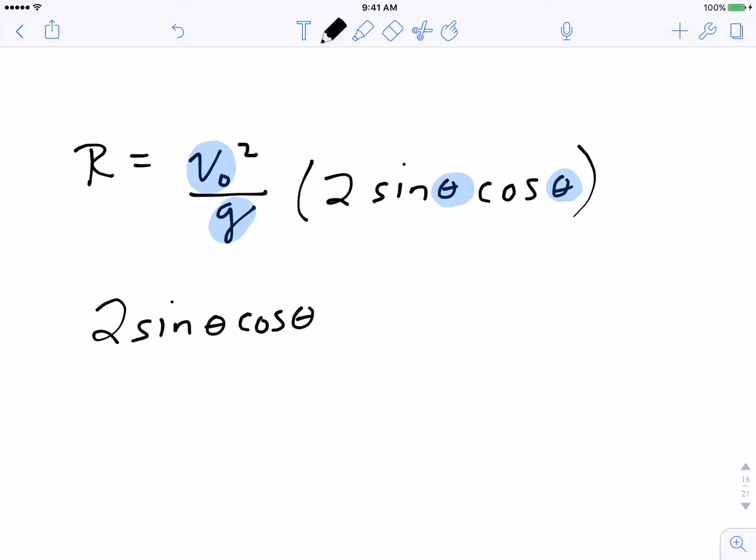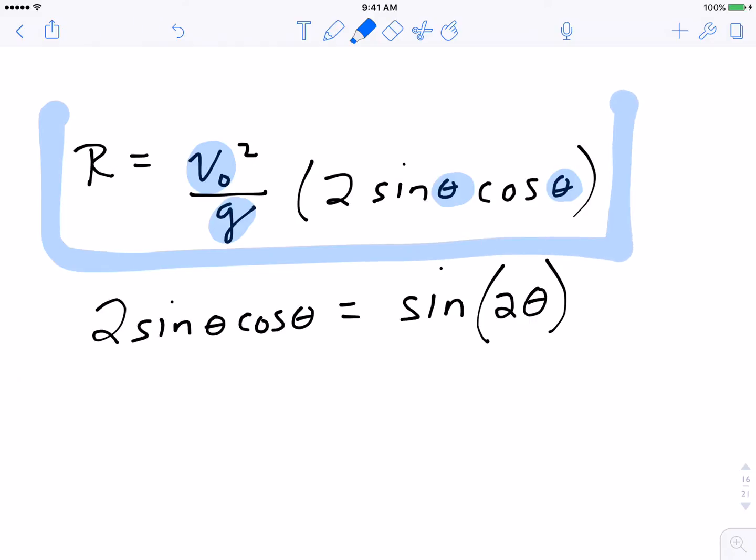You're not expected to know this for this class, but I'm going to use it because it's going to make a nice looking formula for us. So it turns out that this is also equal to the sine of 2 times the angle. They're equivalent to each other. And so now I can take this formula and I can make it look a little nicer by using this instead of 2 sine theta cosine theta.